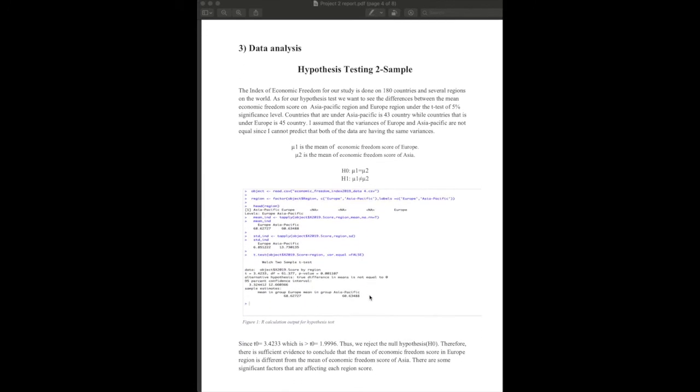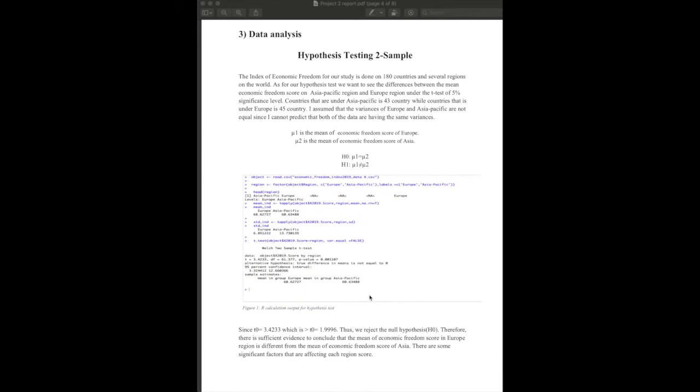As for the data analysis, for our hypothesis test for two samples, we want to see the differences between the mean economic freedom score of the Asia Pacific region and the Europe region under the t-test at a 5% significance level.